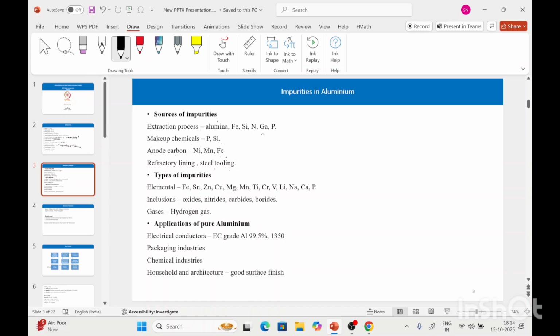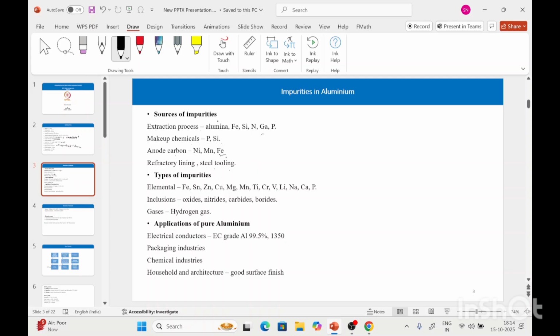From the extraction process, alumina, iron, silicon, nitrogen, and gallium phosphorus are the possible impurities which can enter the pure aluminium. The makeup chemicals can introduce phosphorus and silicon in the aluminium. From the anode carbon, nickel, manganese, and iron are mixed with the aluminium. And from refractory linings to the tooling also, we will get some metallic or non-metallic impurities in the aluminium.